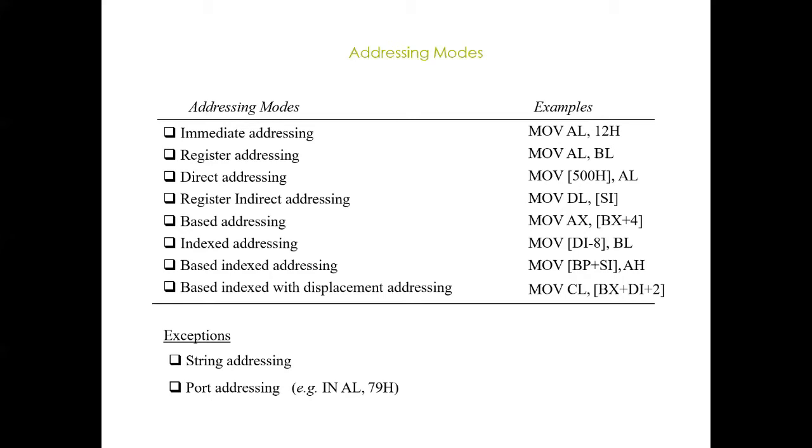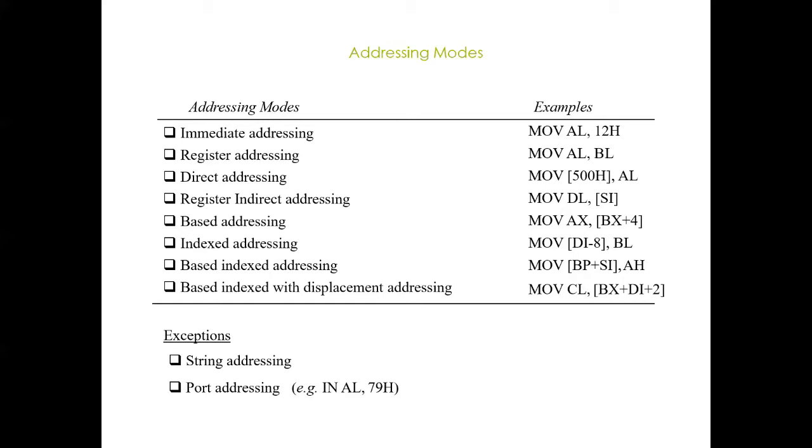Next example is ADD AL, [SI]. The content of the memory location addressed by SI is added to the content of AL and the result is placed in the AL. Next is based addressing mode.